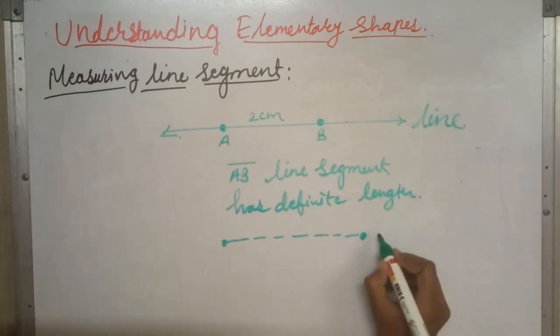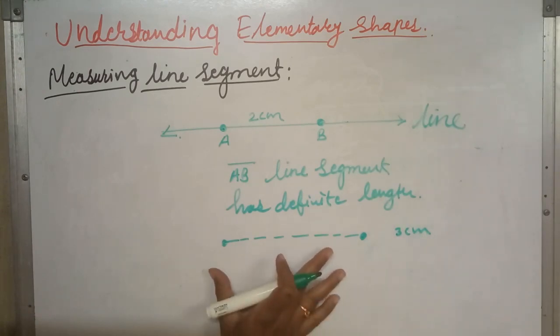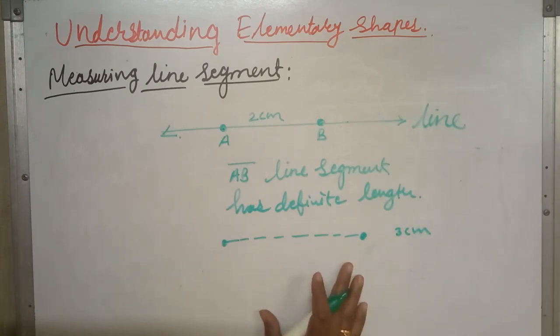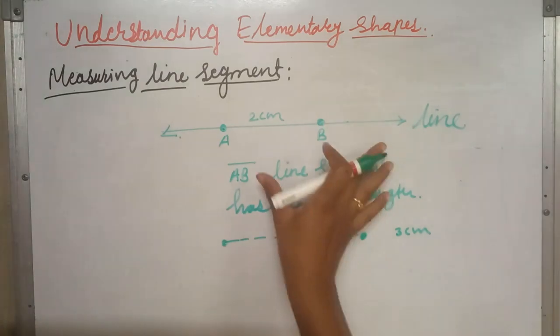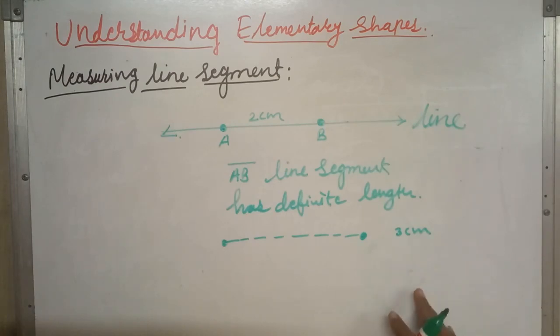If this distance is 3 centimeter, then I can say this line segment measures 3 centimeter. So we can say a line segment is a fixed portion of a line. Fixed portion. It will not change.